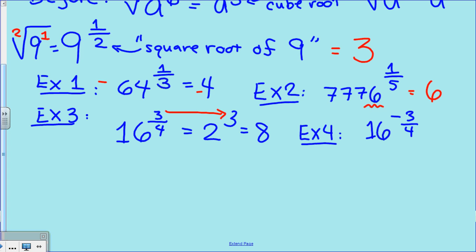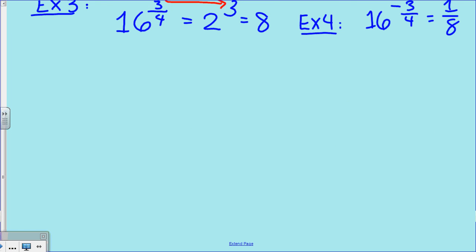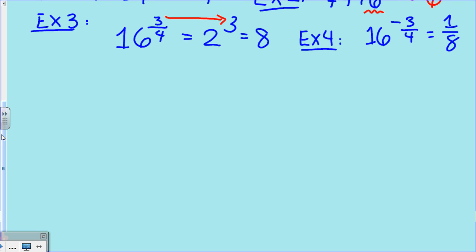The negative says whatever your answer is, take the numerator and move it down there. The answer is 1 over 8.